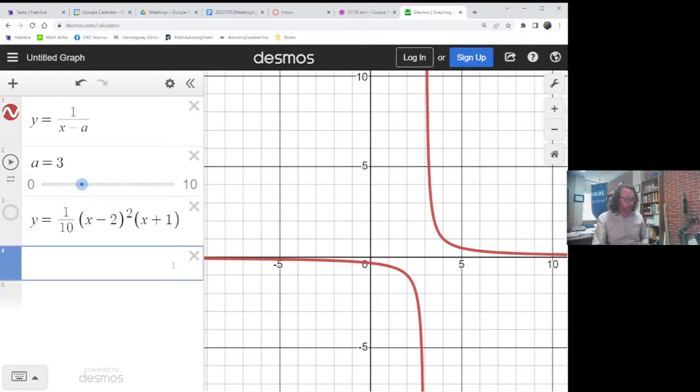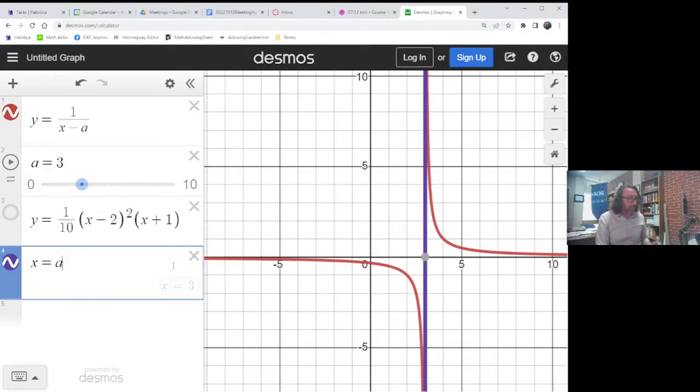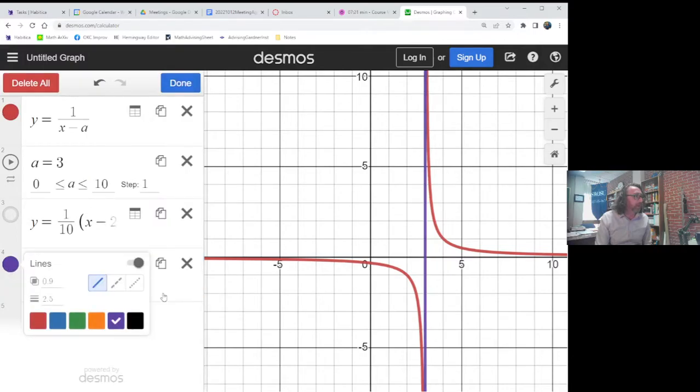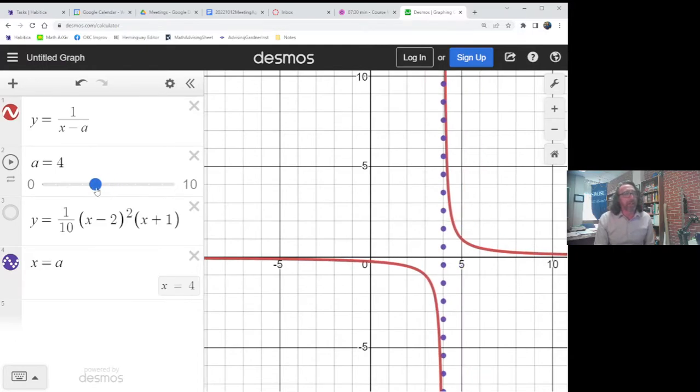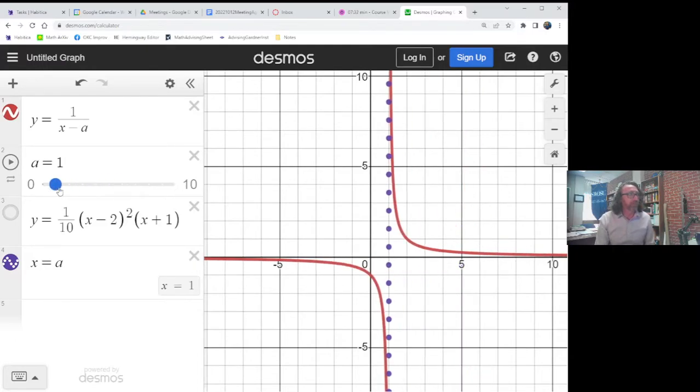Let me do one more thing. I'm going to plot x equals a. I got to go to settings here. Let me make that a nice dotted line right there. So there's a vertical line at x equals a that this function cannot cross.